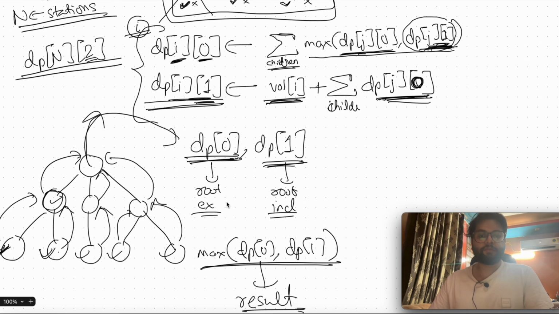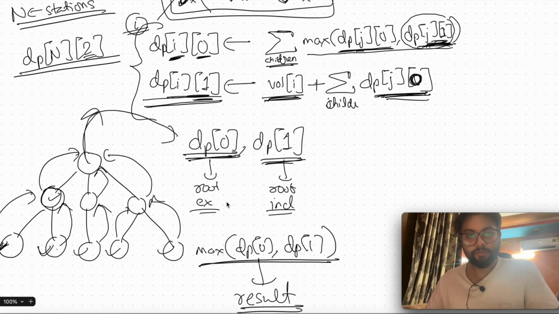That's it. This is the only thing we have to do, right? So this looks complex, but if you look at it at a per node level, you're going to find it interesting and understandable.